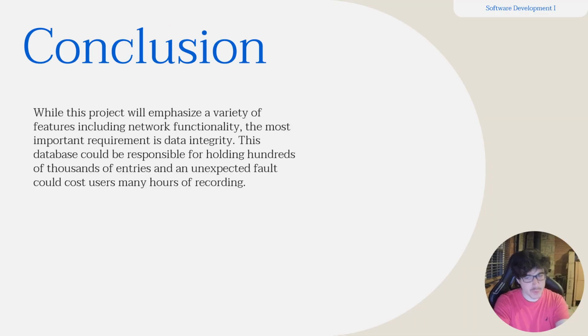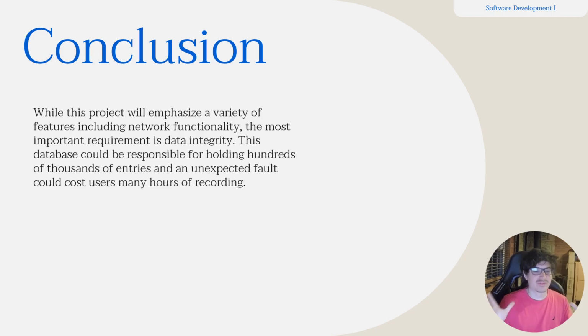So for the conclusion here, the most important takeaway for this project is that while those other features, like the description and all that, are really nice to have, the most important thing is the data integrity, that we're able to manipulate the data without messing anything up.